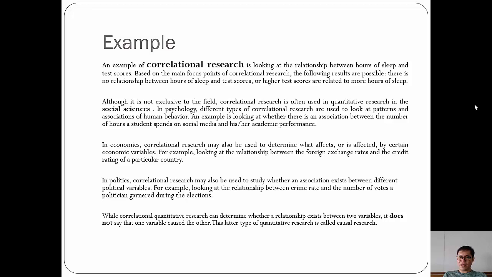So maybe the two are related or maybe they are not related. Maybe he slept a lot but his score was low, because there's another variable, another factor: he did not study. Or he slept early to refresh his mind so he could get the highest score, plus another variable came in, which is that he studied. Okay? But our example does not have a study variable.